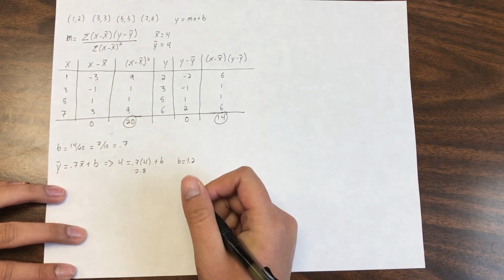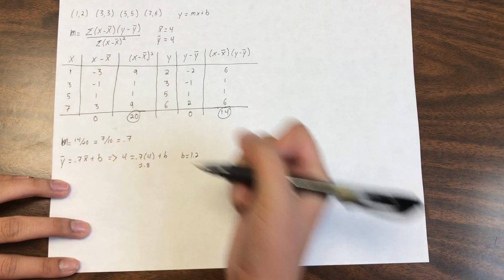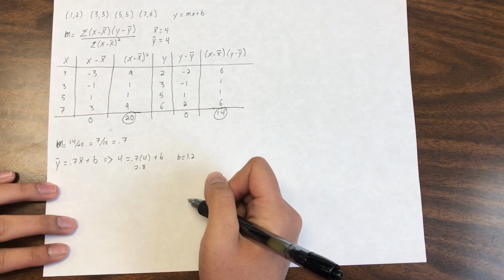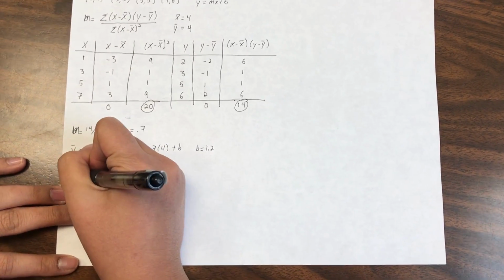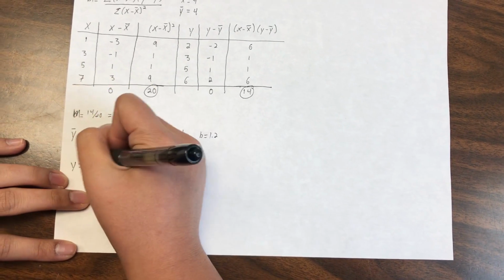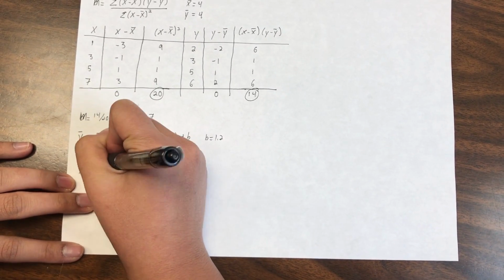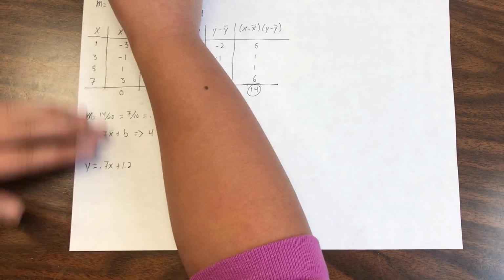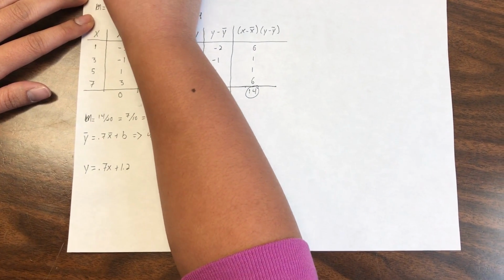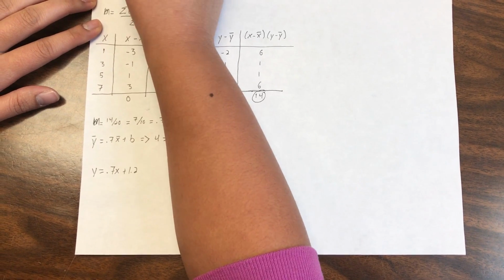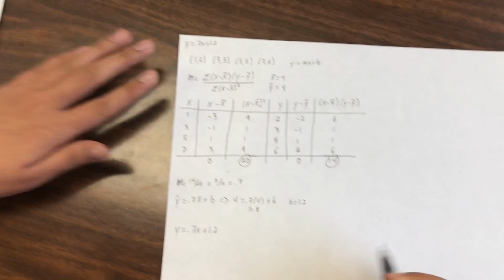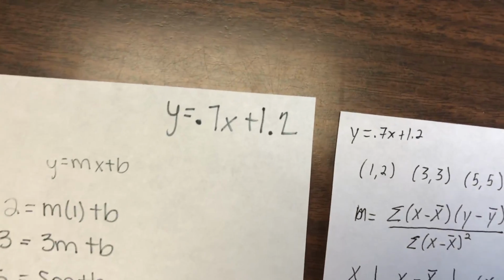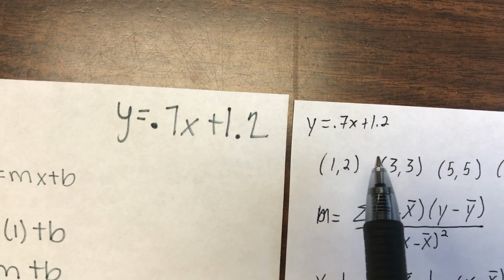We have our slope and our y-intercept. So our equation is y equals 0.7x plus 1.2, which, when you compare the linear algebra way with the statistics way, the two equations match up.